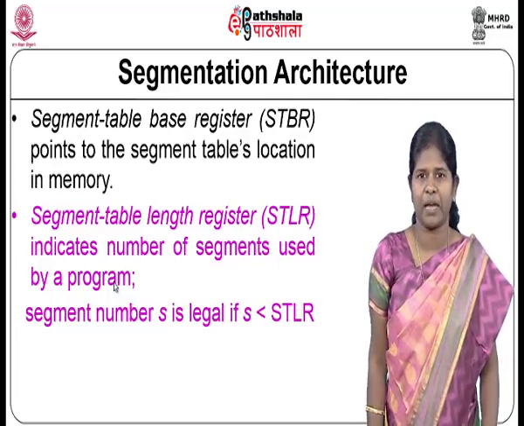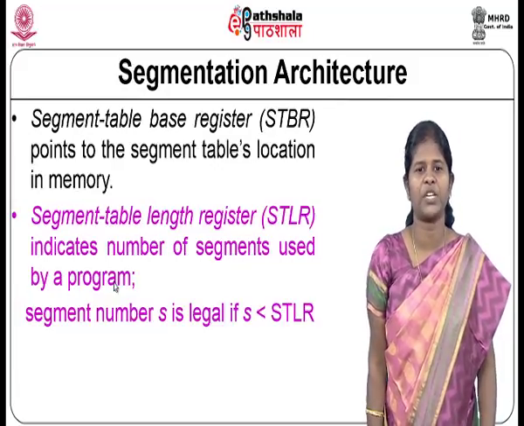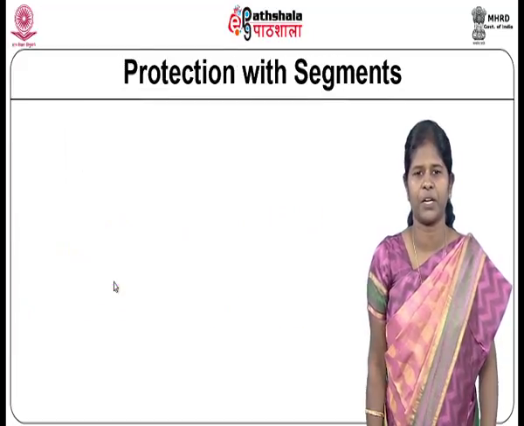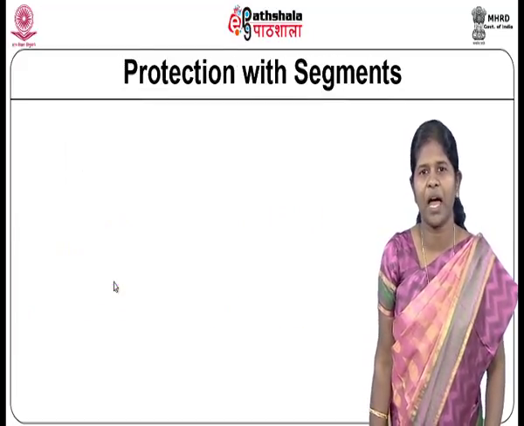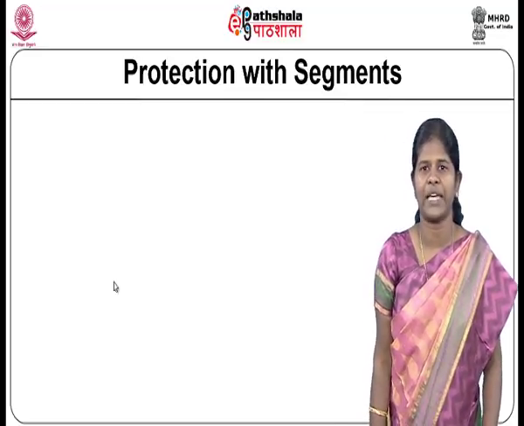It should be less than, it can't be greater than the number of segments. That is checked using the STLR, the segment table length register. So, this is how address translation is done in the case of segmentation.